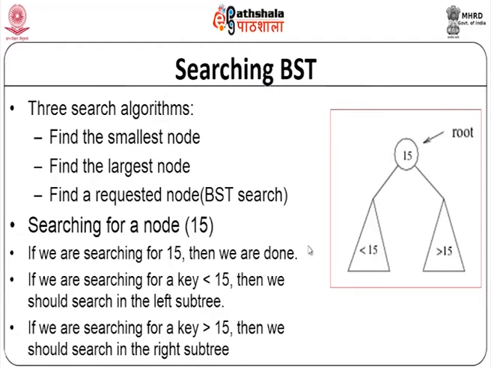There is no question of searching in the right subtree, that is the property. If you are searching for a key greater than 15, you can forget about all the nodes in the left subtree, and go to the right subtree and search there. This is why it is called binary search, dividing the tree into two, not necessarily equal halves, which we will discuss later. You are dividing into two and you are eliminating the search in one part of the tree.